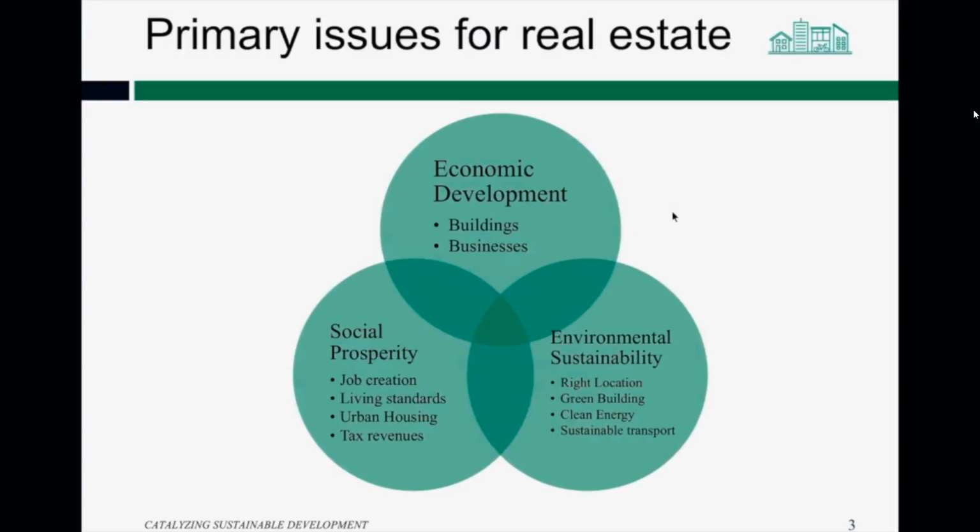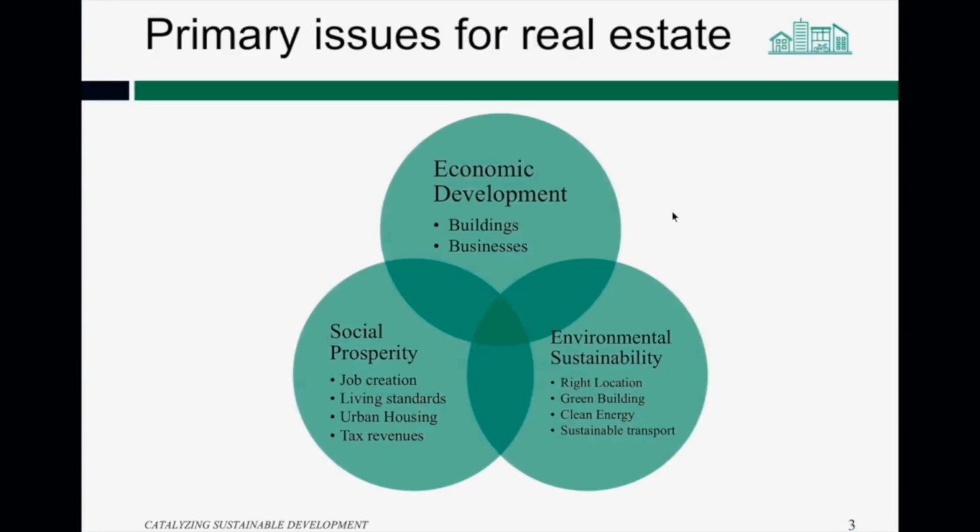So with real estate, it's really about providing the built environment that enables our society to operate, either living, working, or playing. And so real estate as a driver of economic development, either from the buildings themselves or from the businesses that are operating in those buildings to contribute to the economic growth of our society.